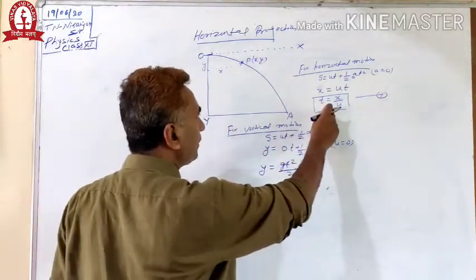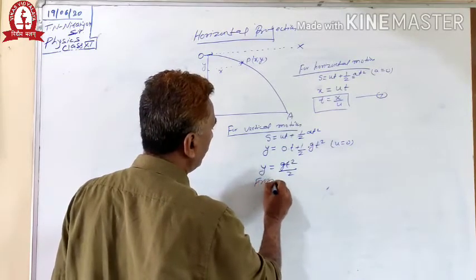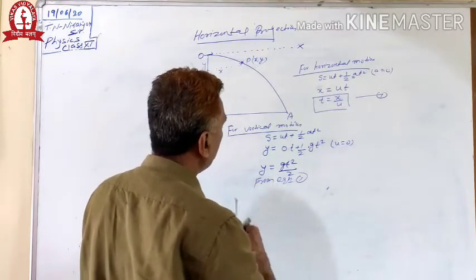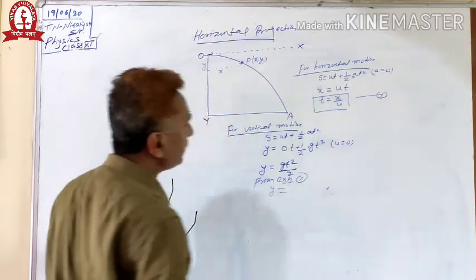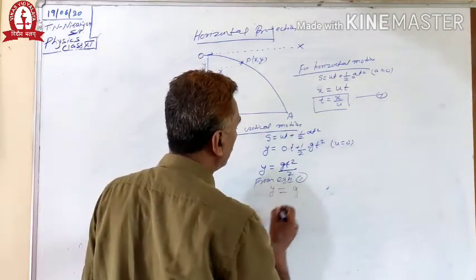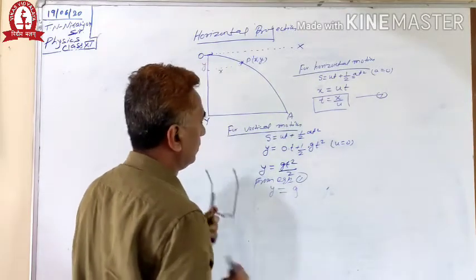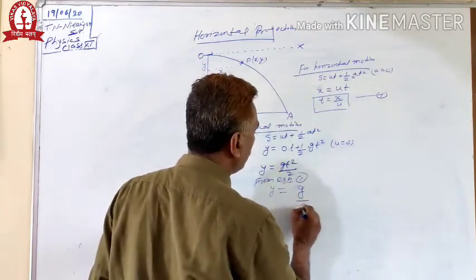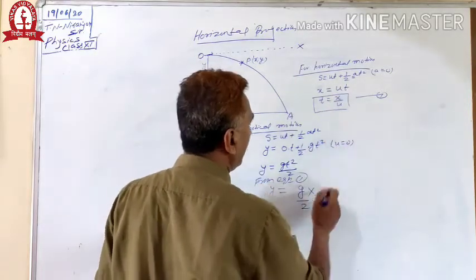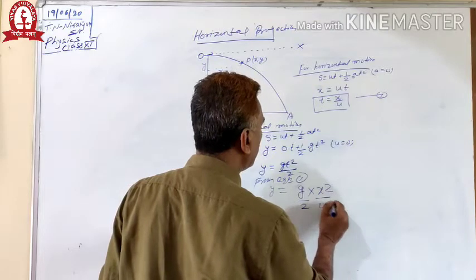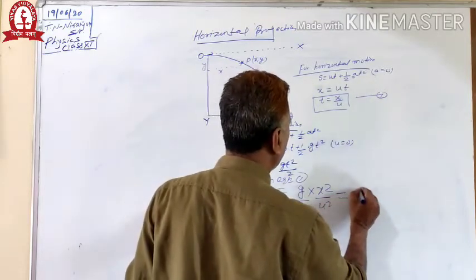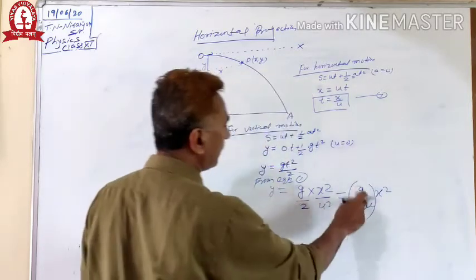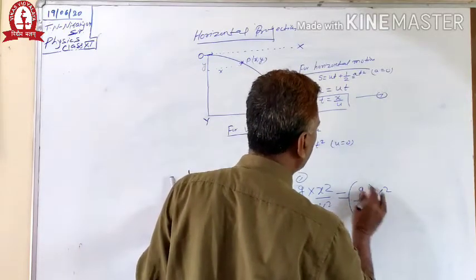Okay. Now put the value of t from equation 1. From equation 1, we have y = (g/2)t². For t² we have x²/u². So the whole equation becomes y = (g/2u²)x². This quantity g/2u² is constant.